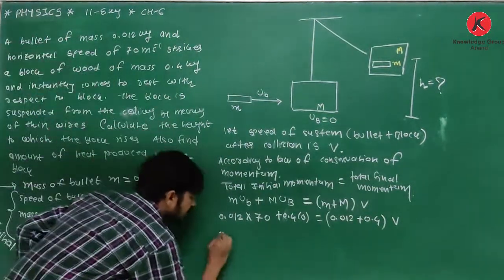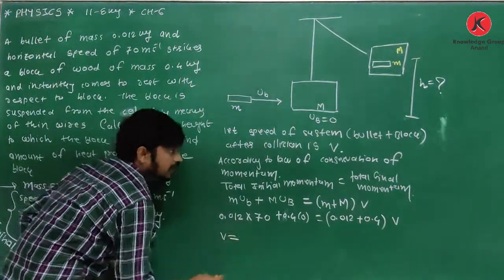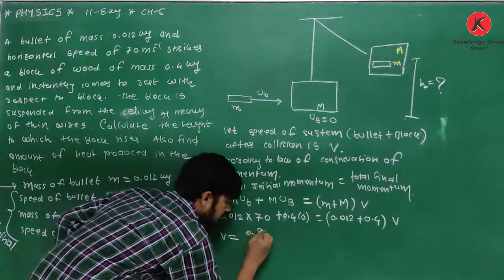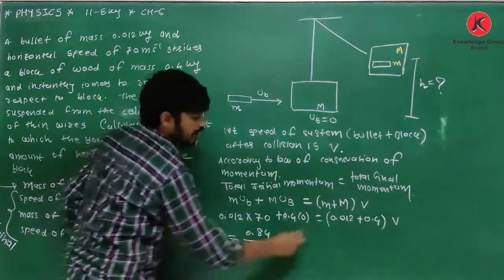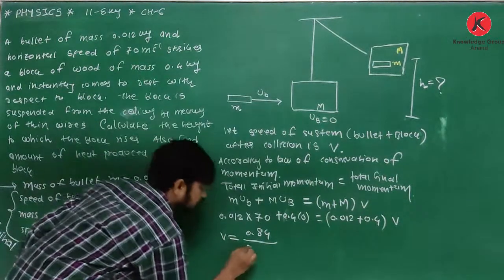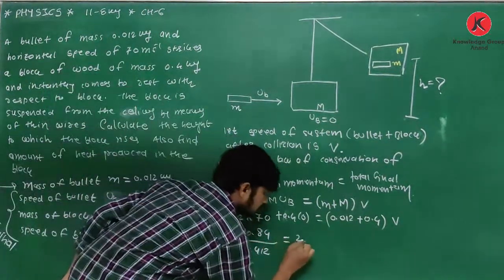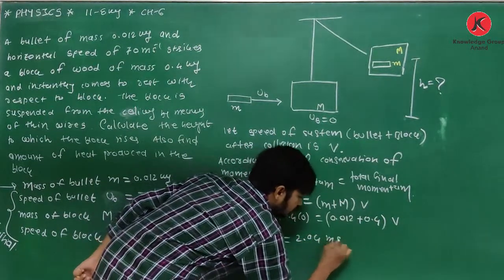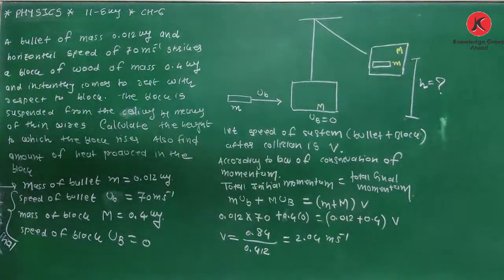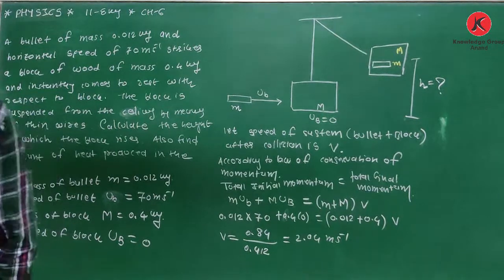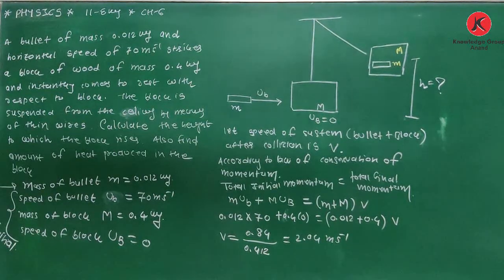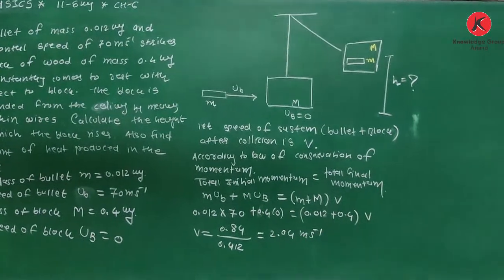So V is equal to 0.012 into 70, which is 0.84, divided by 0.012 plus 0.4, so 0.412, and you will get 2.04 meter per second. Clear about this? So first of all, you have to find the speed of the system of block and bullet after collision.